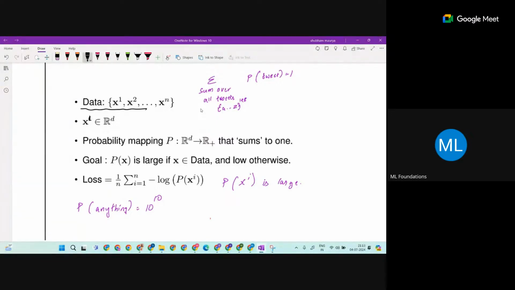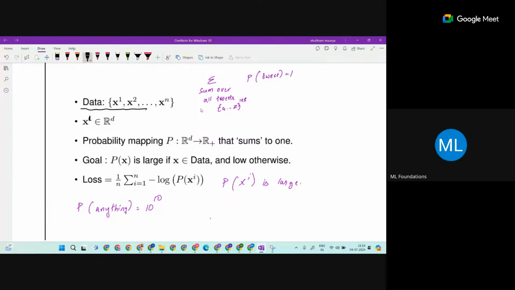Now, probability mapping. There is very little chance of this coming in the exam, but again, this is density estimation.